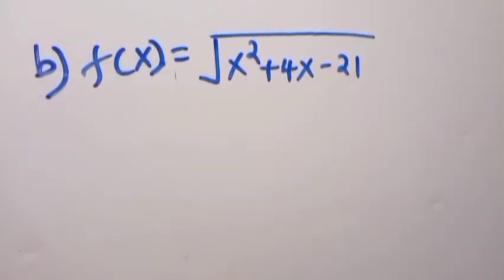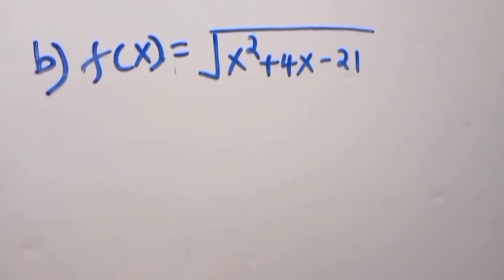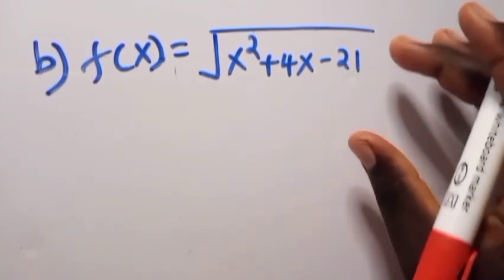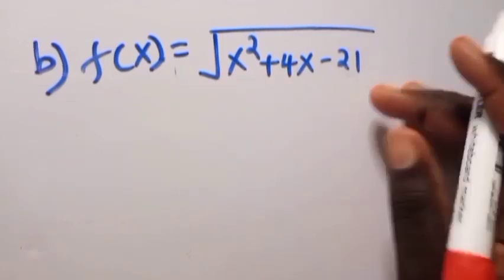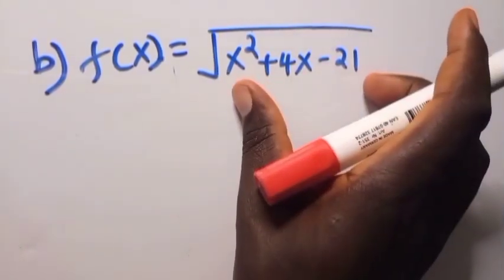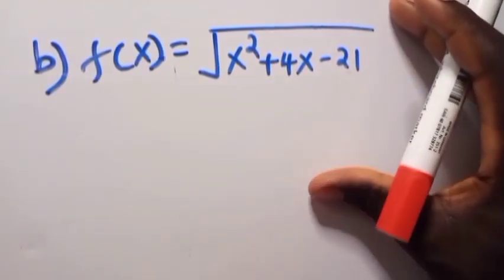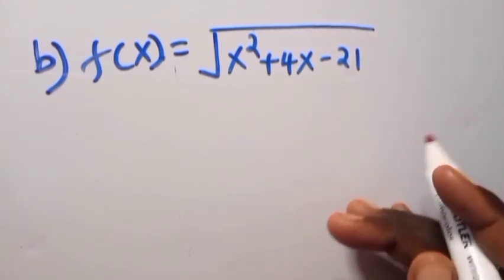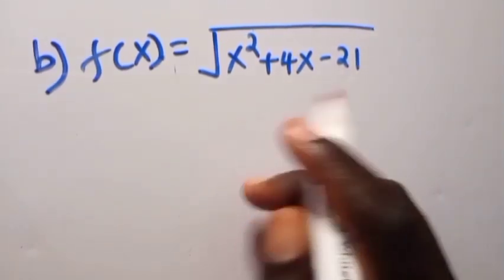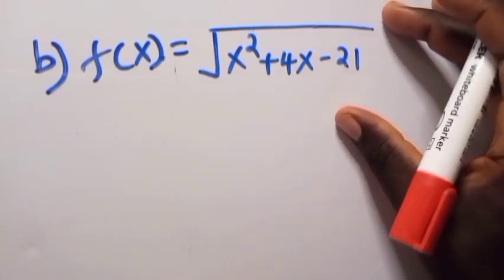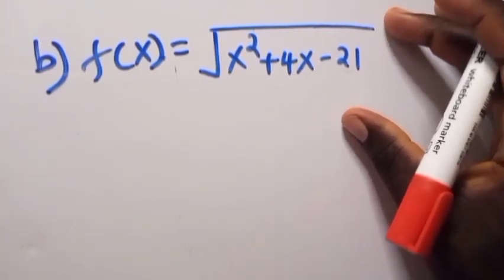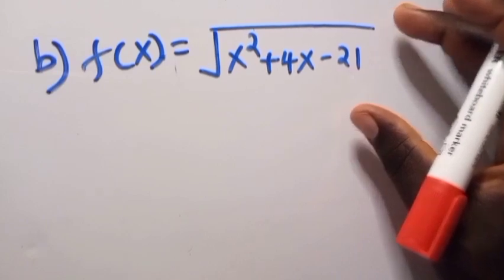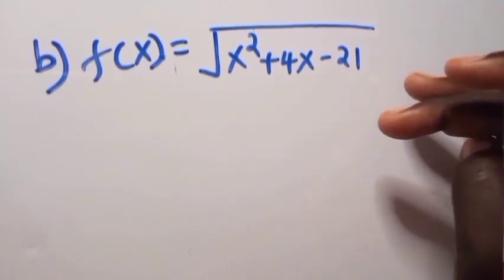Now let us have a look at this second example. In this case, we have f of x equals the square root of this quadratic expression. Now how do we find the domain of this function? Because the first rule says that we cannot divide by 0 and this one is not a fraction, the second rule will apply here.